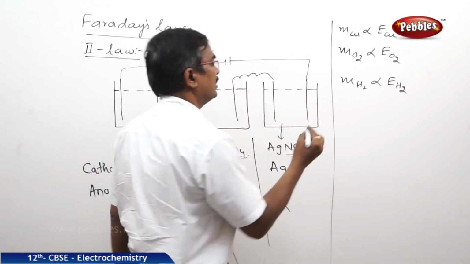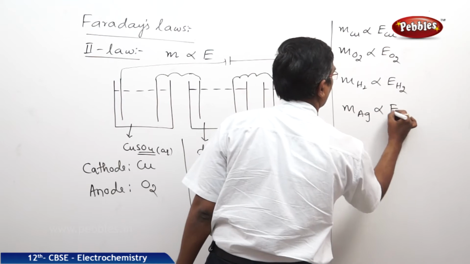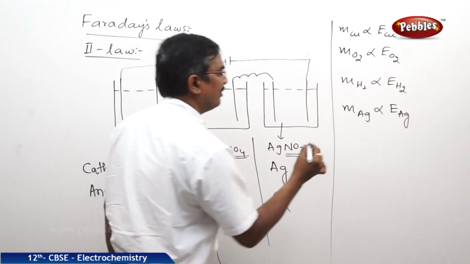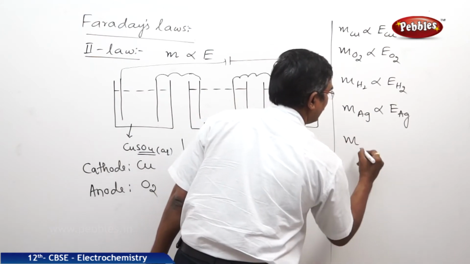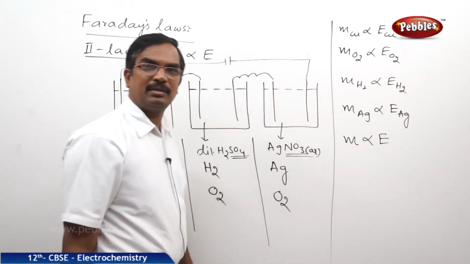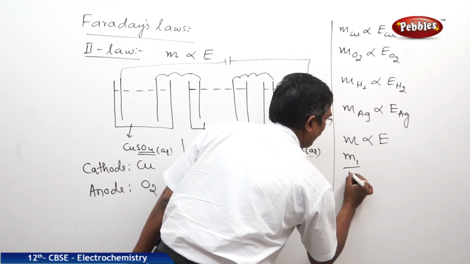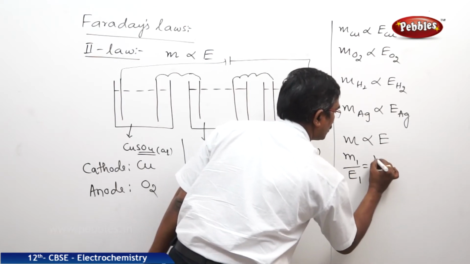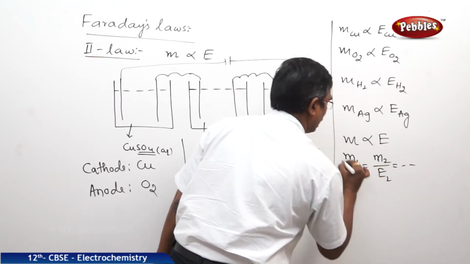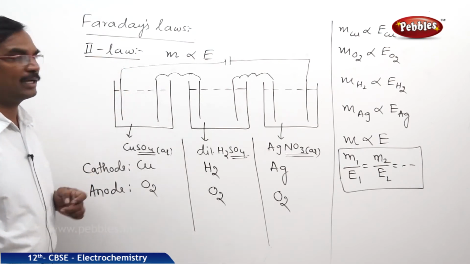In the third case, the mass of the silver is proportional to the equivalent weight of the silver. That means overall we can say the mass of the corresponding substance is proportional to its equivalent weight. So in general, M1 by E1 is equal to M2 by E2 is equal to etc. This is the general expression for Faraday's second law.